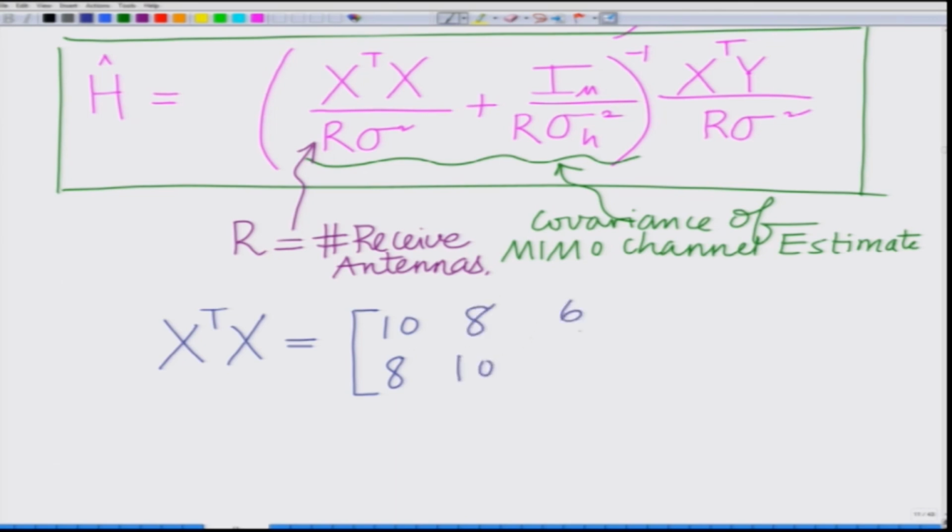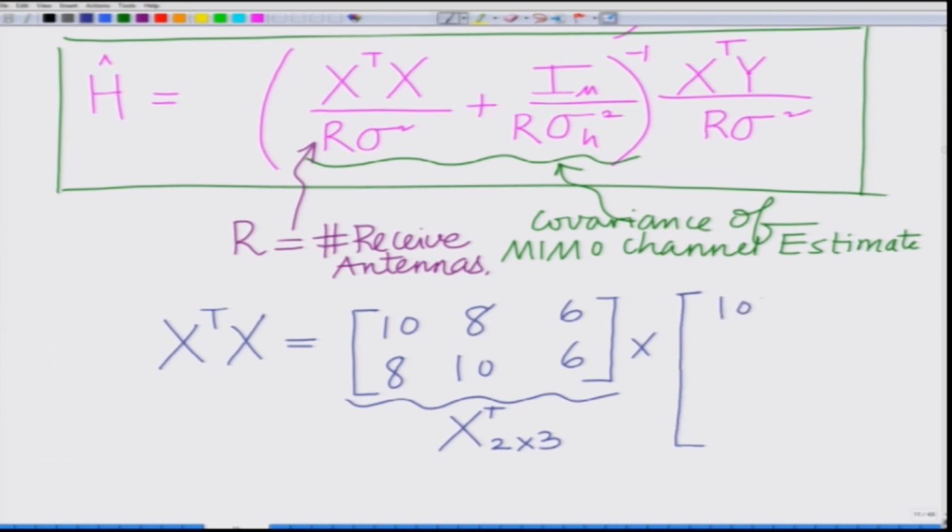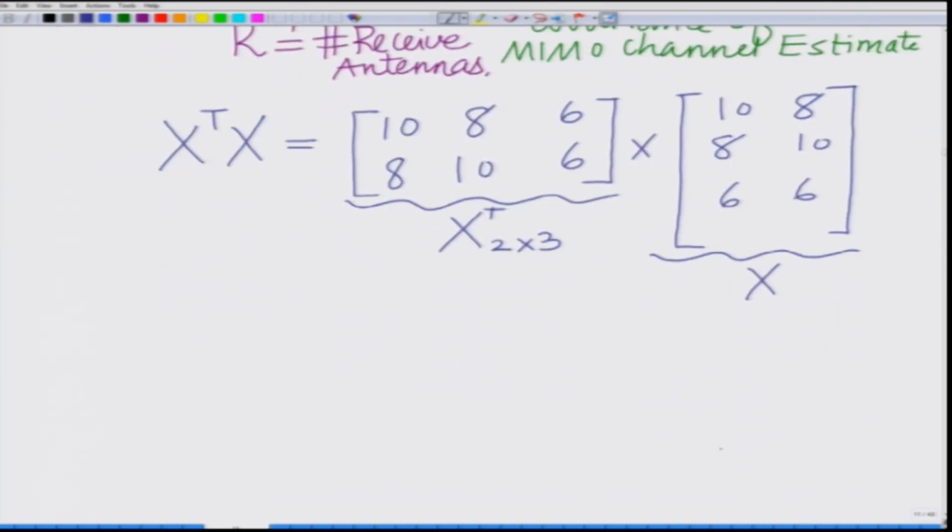X is a 3 cross 2 matrix, so x transpose is a 2 cross 3 matrix, times x, which is your pilot matrix 10 8, 8 10, 6 6. This becomes 200, 196, 196, 200.